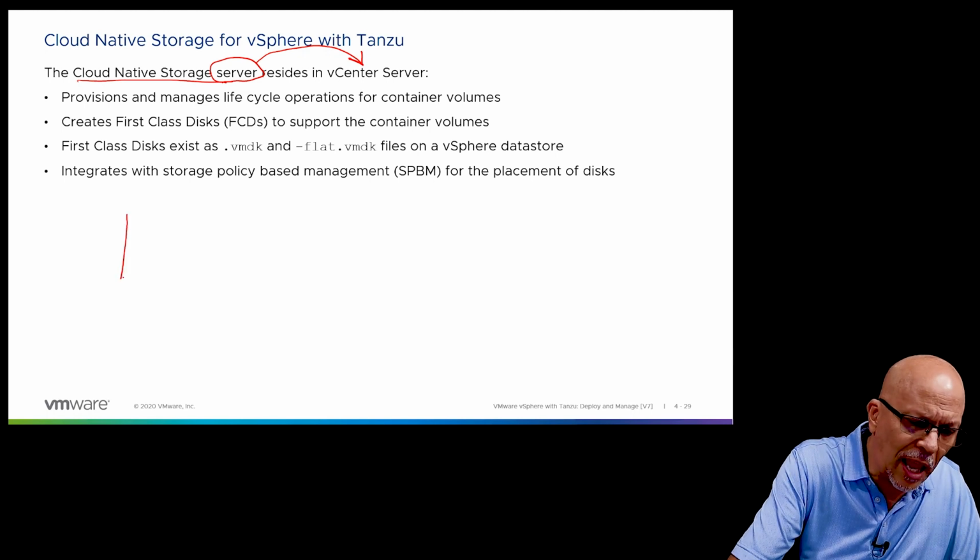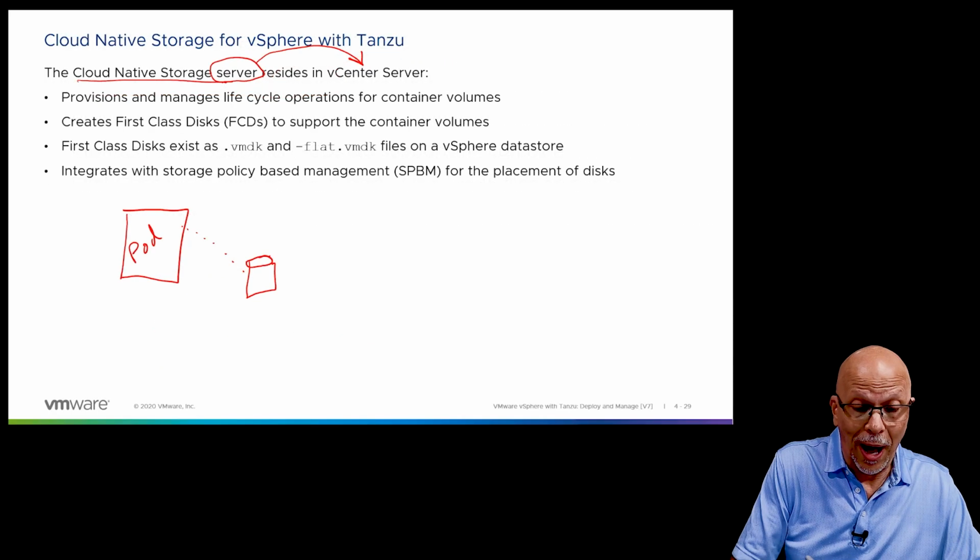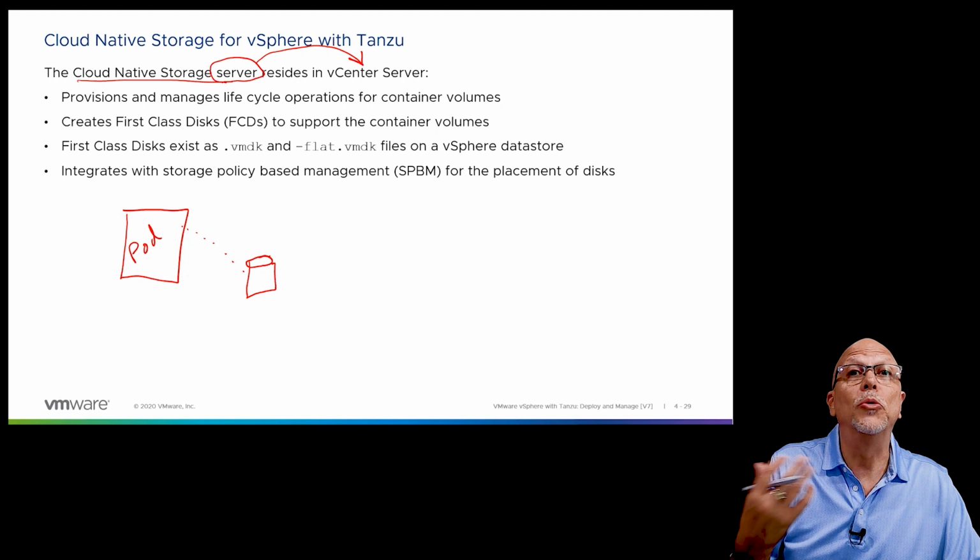So if I say here, you've got your pod, and inside your pod is a container that needs a persistent volume. So what we need is a disk here that is going to ultimately get mapped into your pod. Well, what do we use normally in vSphere to represent a disk?